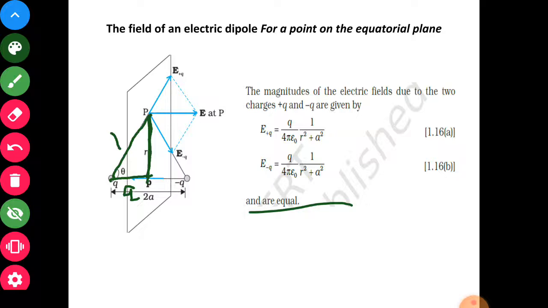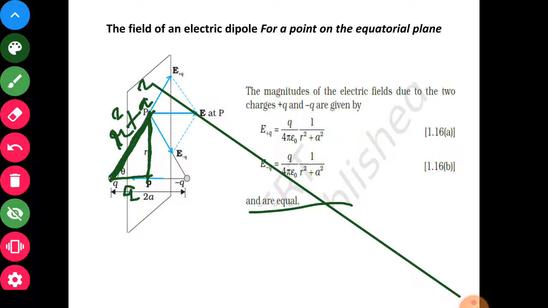So this diagonal, rather the hypotenuse, according to the Pythagoras theorem will become R square plus A square, and the square root of it.